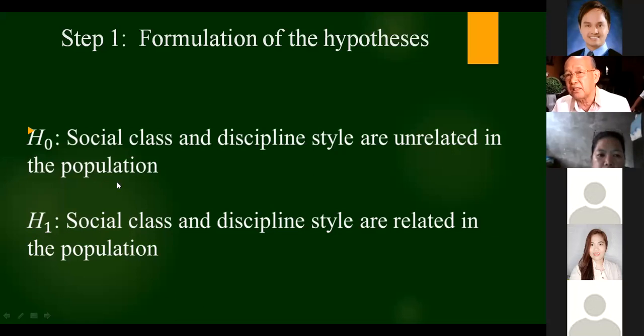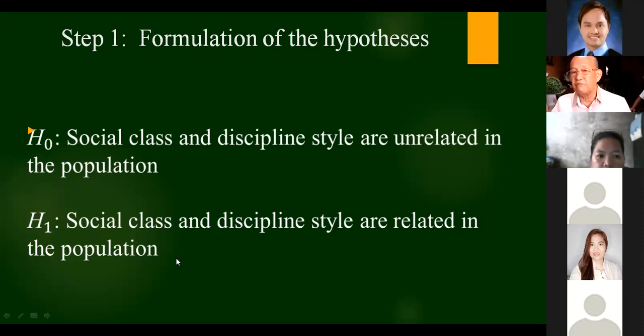Because the computed chi-square value is greater than the critical value, we reject the null hypothesis and our conclusion is in favor of the research hypothesis. The data suggests that social class and discipline style are related variables. Is that clear to the group?